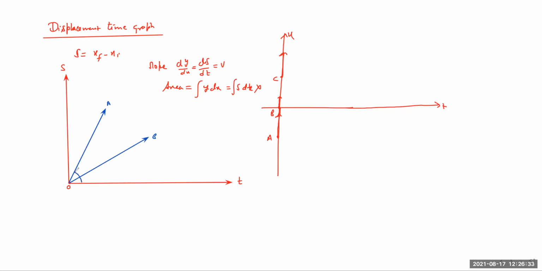So it's constant. And if the slope is constant, then what can we infer? That velocity is constant. So both the athletes are moving with uniform velocity, isn't it? And in which direction are they moving? Same direction.